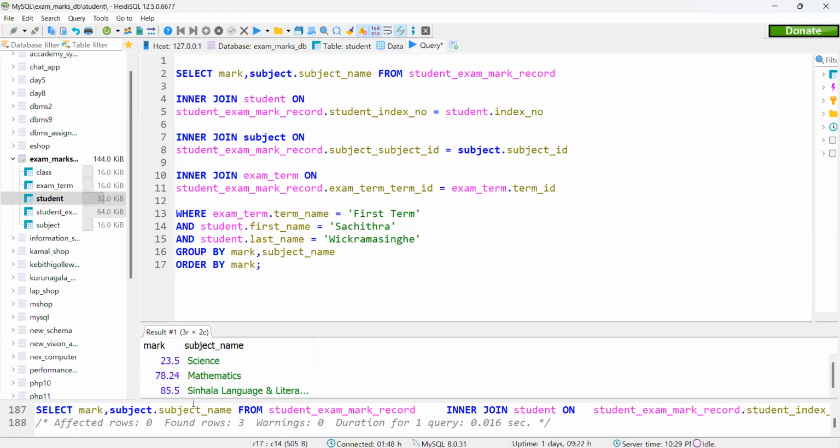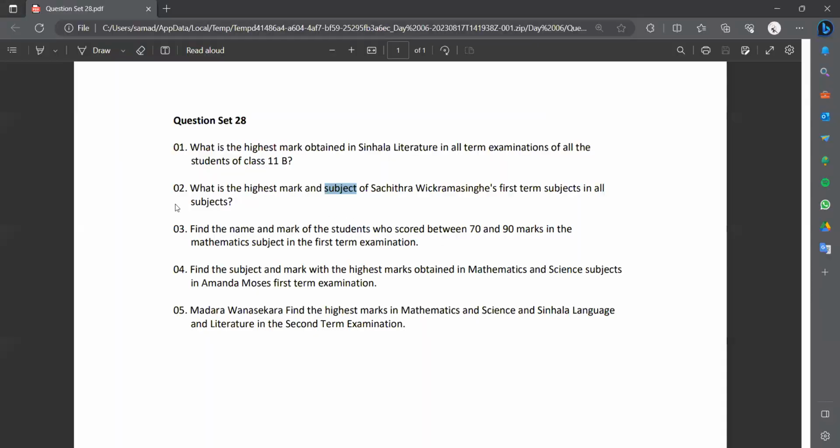Then we ordered by mark descending, then our maximum mark and limit one. Then we got our highest mark. We got 80.55 for the subject Sinhala language. That's how we did the second question.